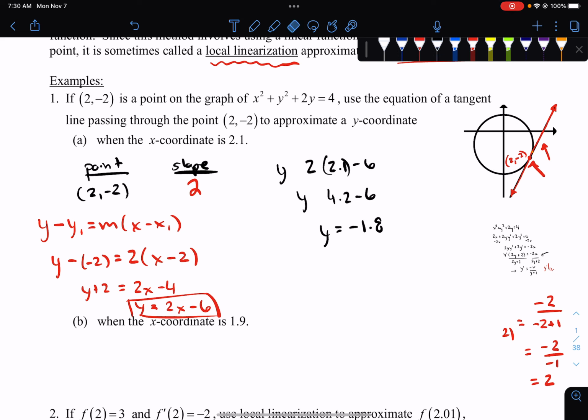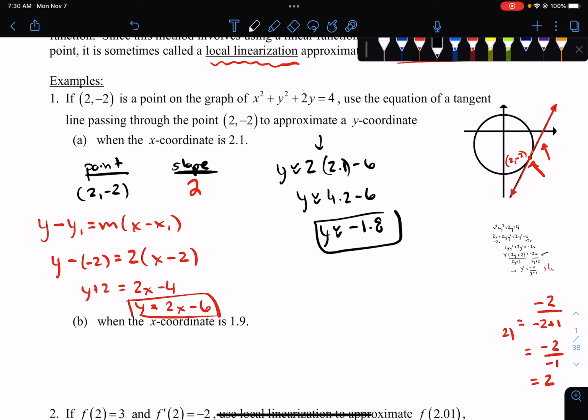and what I should probably do is, instead of equal signs on these, use approximation signs. Because this equation, when I plug 2.1 into it, is exactly negative 1.8, but my answer in general is an approximation, so it would be a good idea not to use equal signs in that last step.